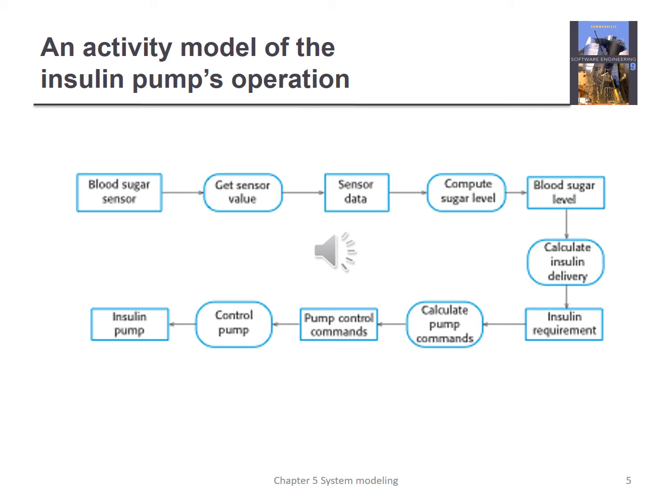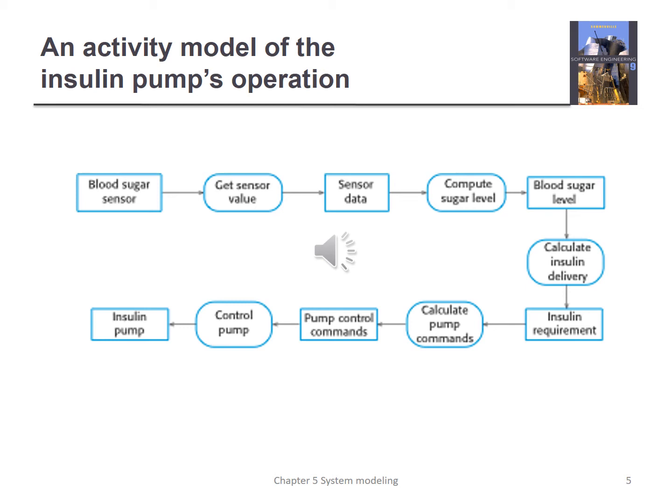When we draw the blood, we get the sensor value and see how much the sugar level is. We get the sensor data, the number, and then we compute the blood sugar level, and calculate the insulin delivery, the insulin we need to counter that level.